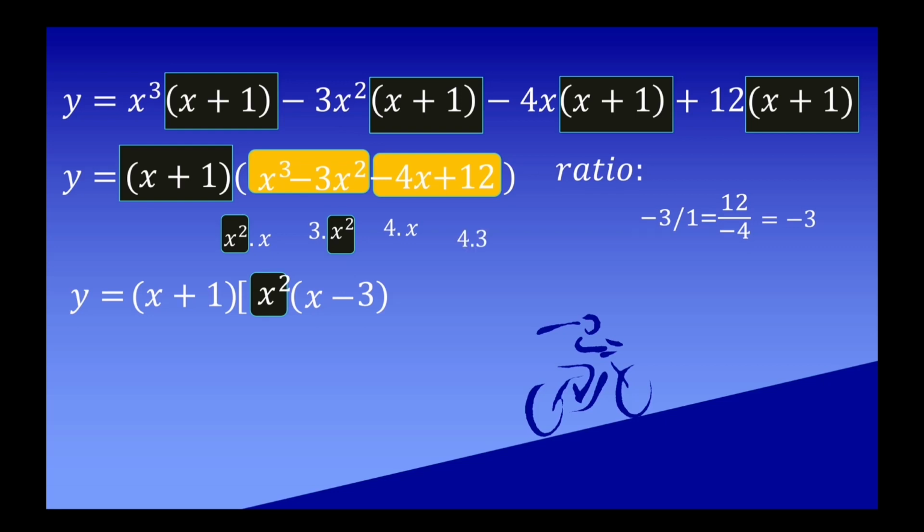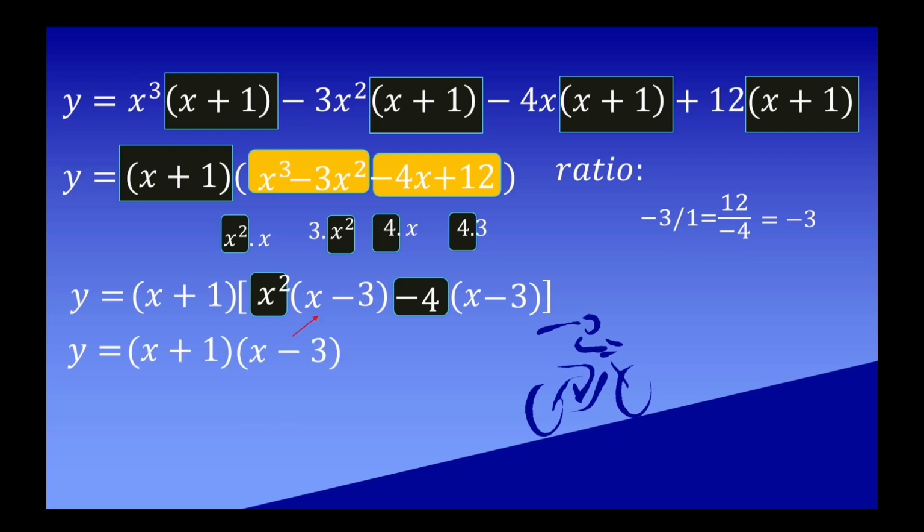And the other GCF for the last two terms is 4, then negative 4 multiplied by the remaining term that is x minus 3. Then y is equal to, copy x plus 1, then a quantity of x minus 3, that is our common factor after getting the GCF. So that is x minus 3, then copy the remaining term x squared minus 4.